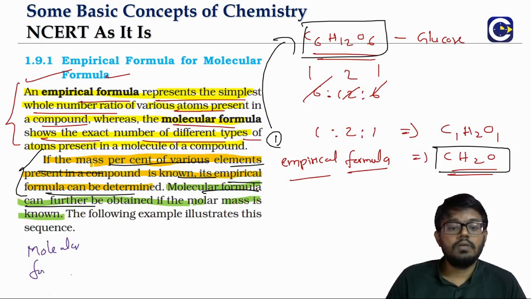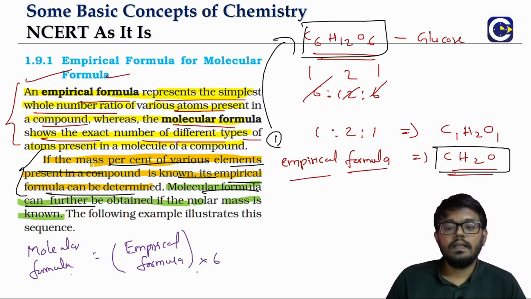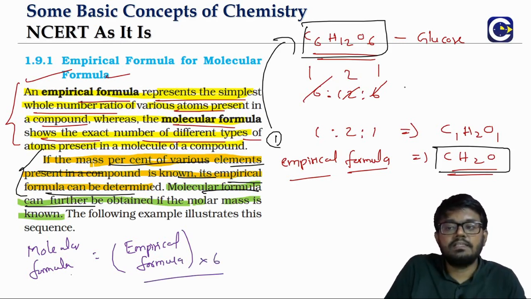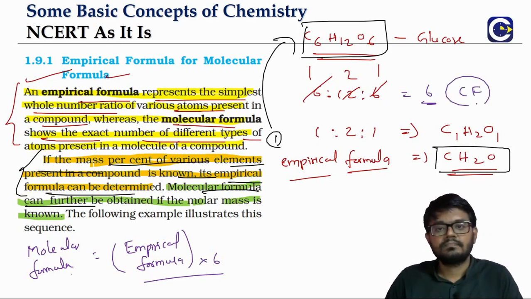The molecular formula is basically the empirical formula times the common factor. The common factor here has a value of 6, because that is what gets cancelled to give the simple whole number ratio.